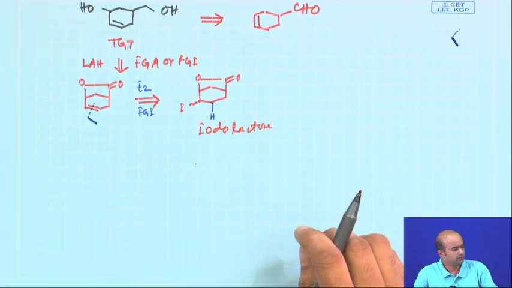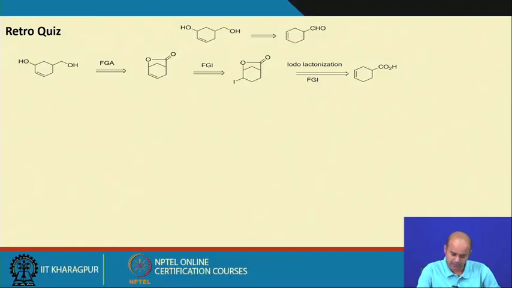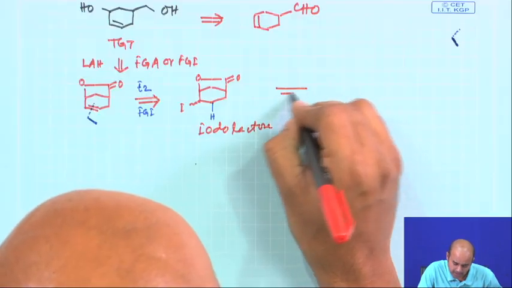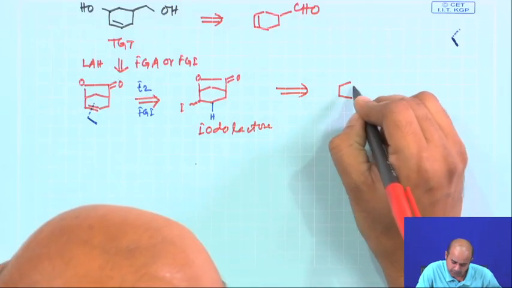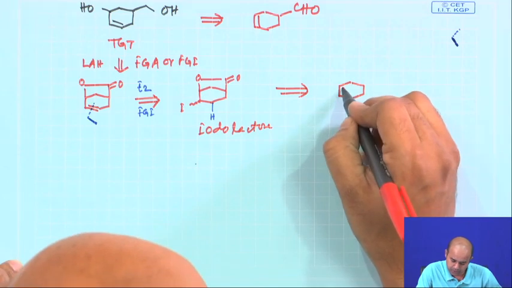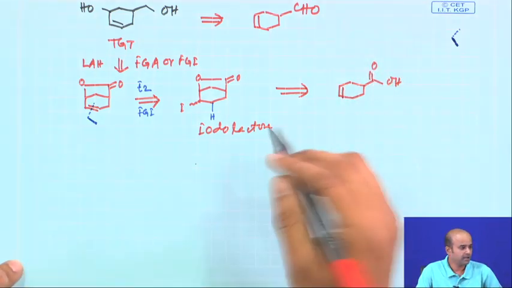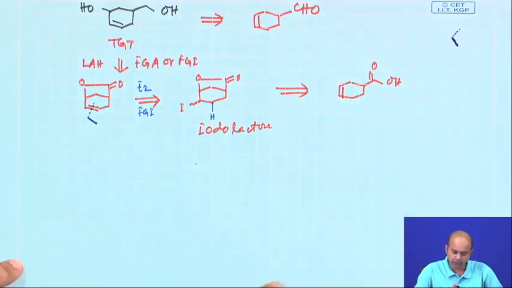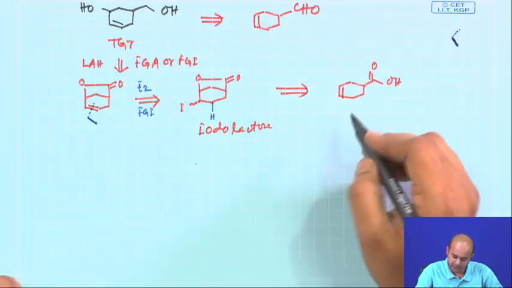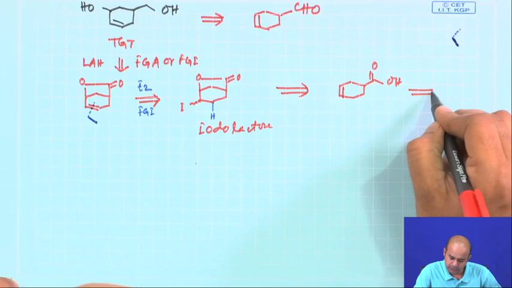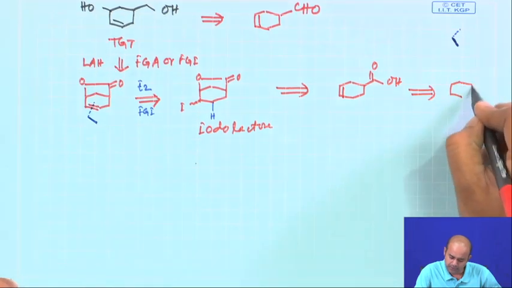Okay. So, this iodolactone essentially can be made by a very simple transformation which we will now talk about, called iodolactonization. And now, you can try to correlate that the starting material is almost similar, you just need a functional group interconversion.